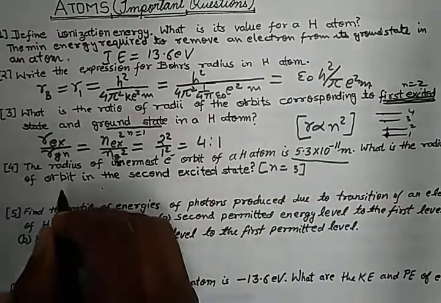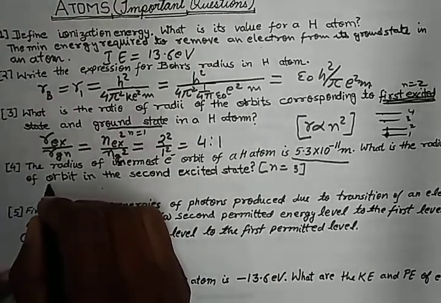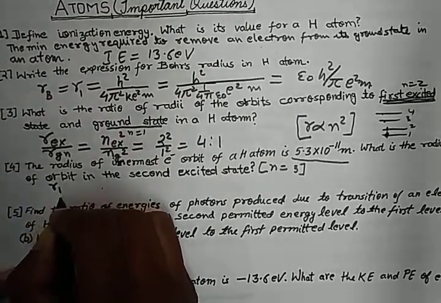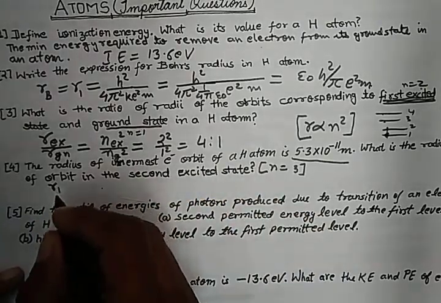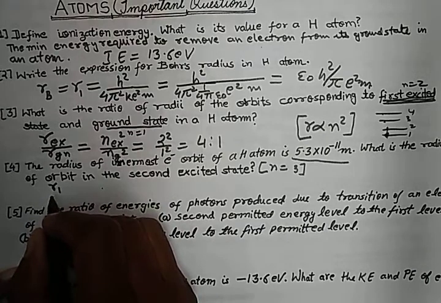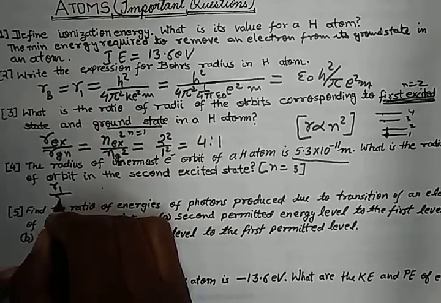All right, so now we can put these symbols: r1, because innermost will be the first, or directly first. So r1 upon r3 I am writing.